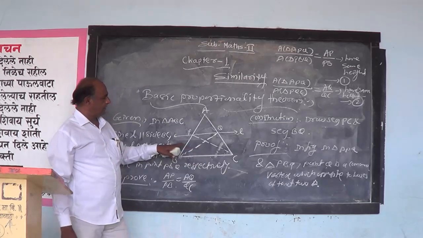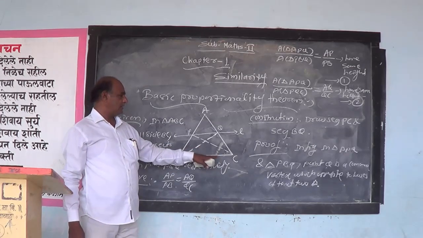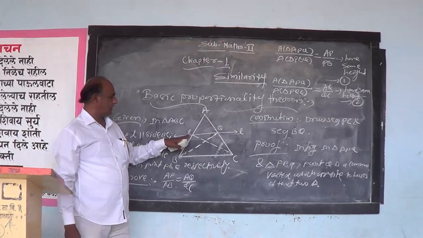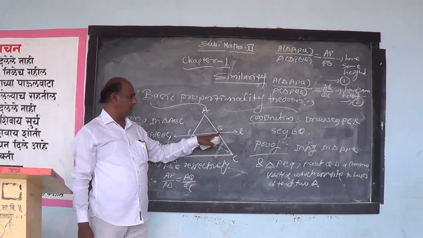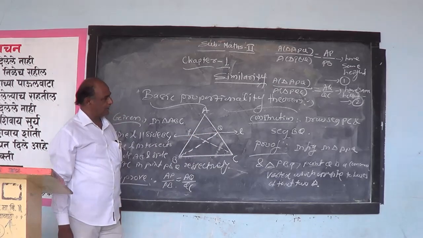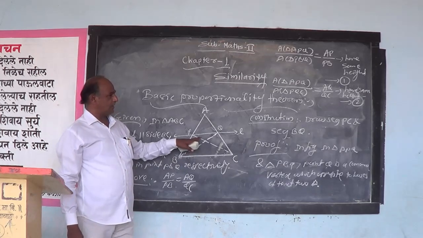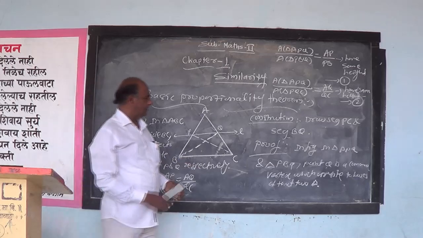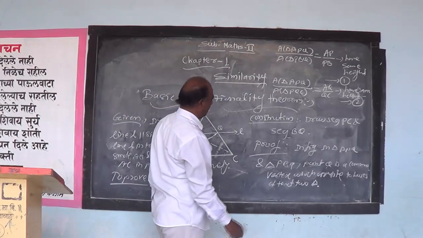Suppose base BC is a common base, and the opposite vertices of that common base are P and Q. Therefore, the heights of those two triangles are the same.